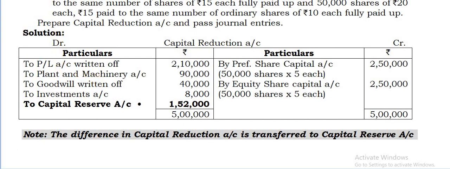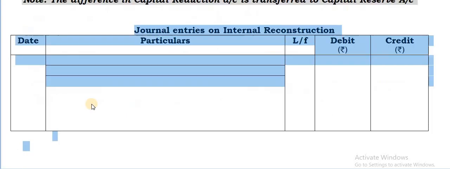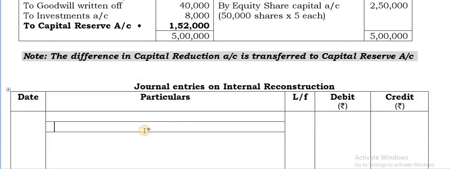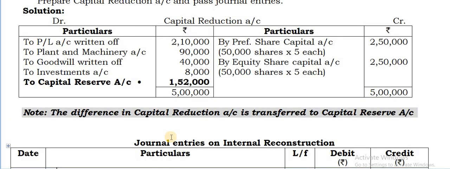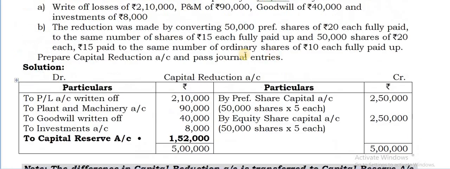Well, now you can take the columns for the journal entries. Go for journal entries. Take the columns. So the first journal entry for this reduction, you can keep looking only here.